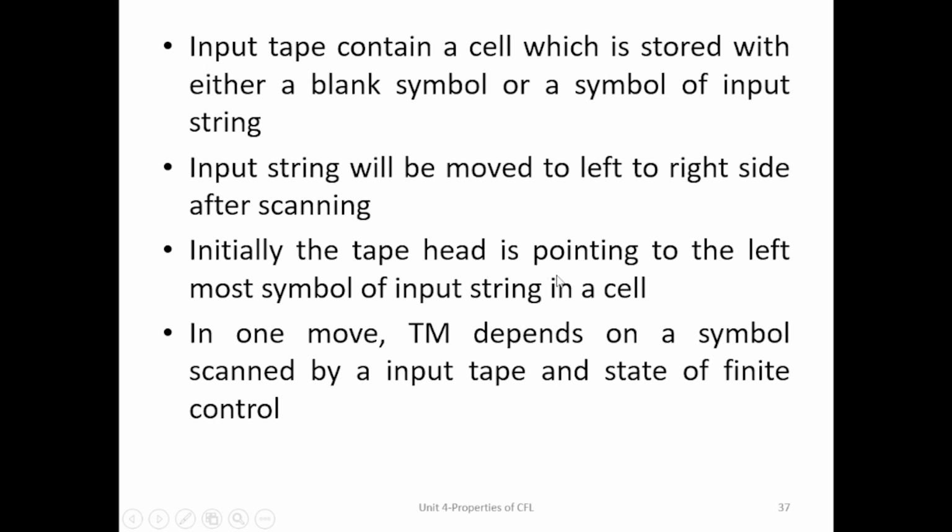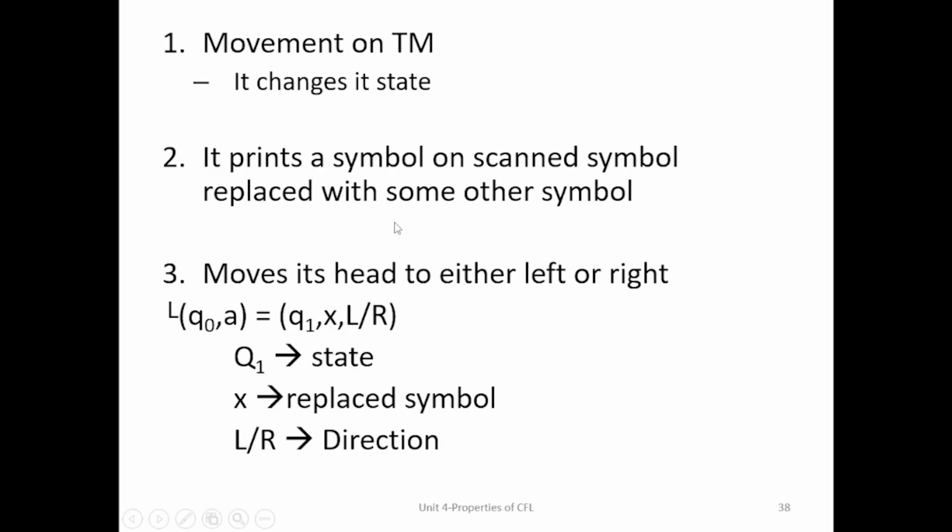Initially the tape head points to the first symbol of the input string in a cell. In one move, depending upon the symbol available on the tape, a Turing machine may move to the left or right with a change of state, or it may stay in the same state also. We can also use it to print a symbol.